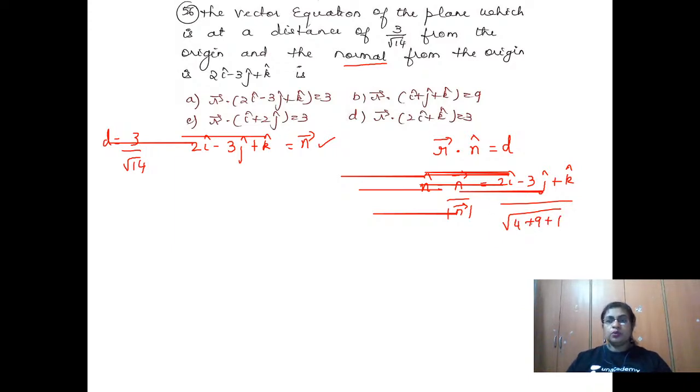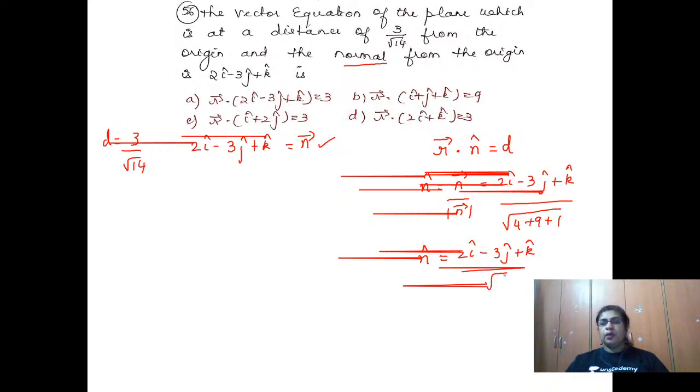So you're getting root 14. So therefore your n cap is equal to 2i cap minus 3j cap plus k cap by root 14. So this is your n cap.